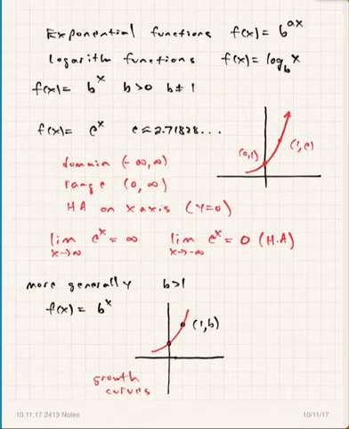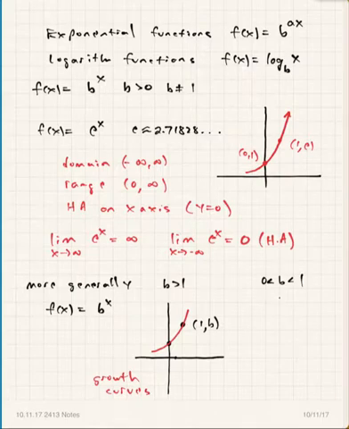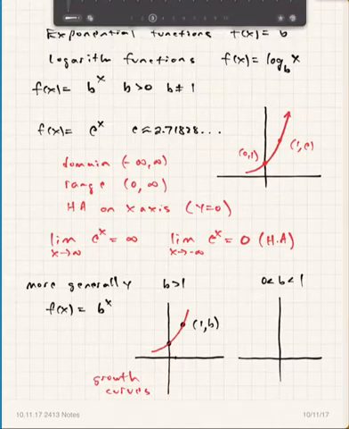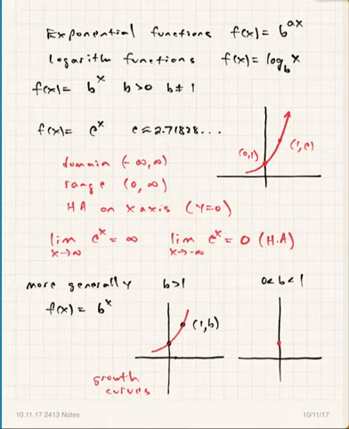On the other hand, if b is less than 1, so if b is between 0 and 1, then the base is less than 1, and that graph goes through 0, 1 also. But now when it goes through 1, b, b is less than 1, and so that graph is a falling graph.